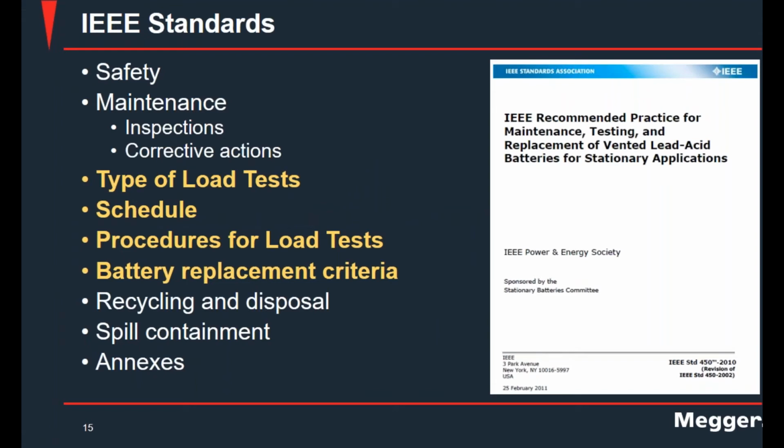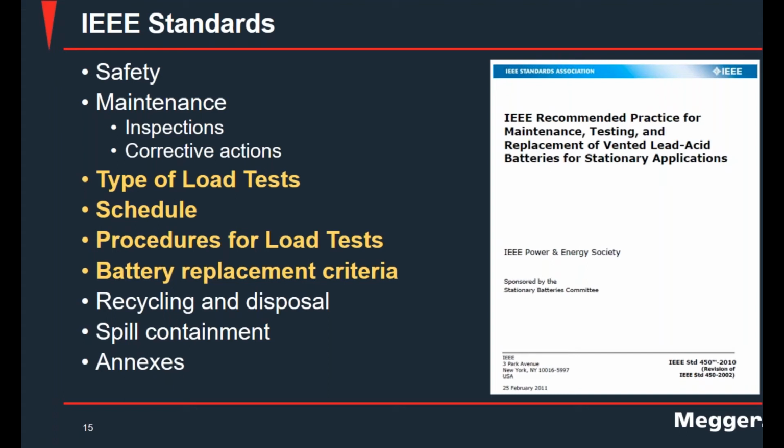They talk about the type of load test, schedule, procedures for load test, and the battery replacement criteria. There are also recommendations about the recycling and the disposal, spill containment, and very good annexes. In this presentation, we are focusing on the 4 bullet points that are highlighted in yellow, and with that, we move on to the type of tests.